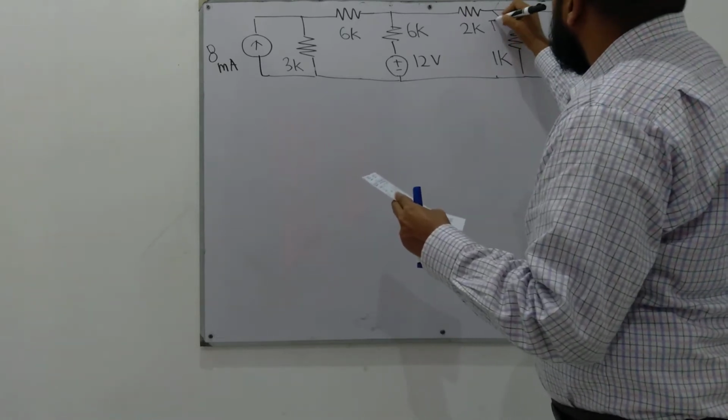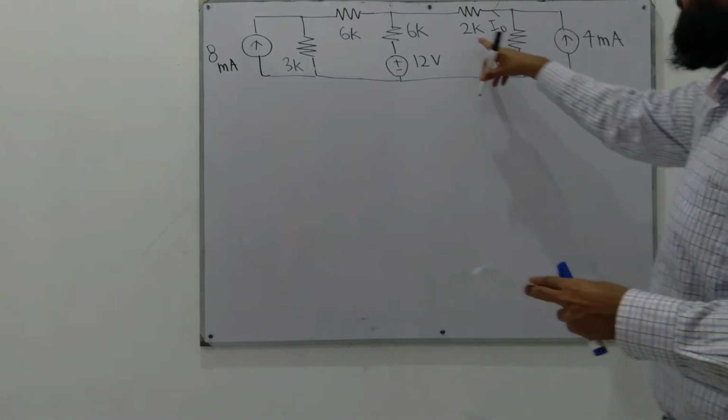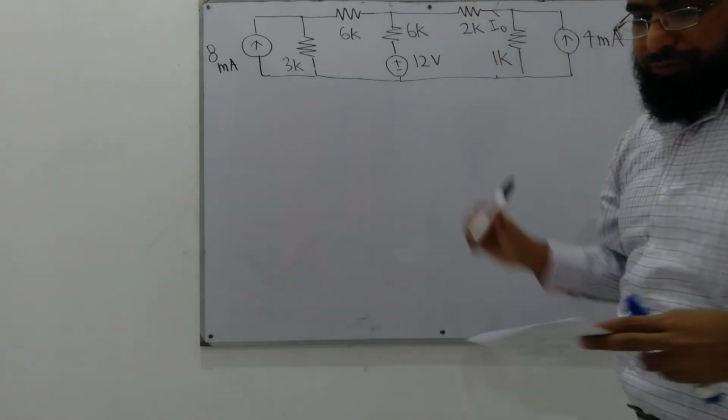And we are interested in this current I0 that flows in this 2K resistor leftwards.